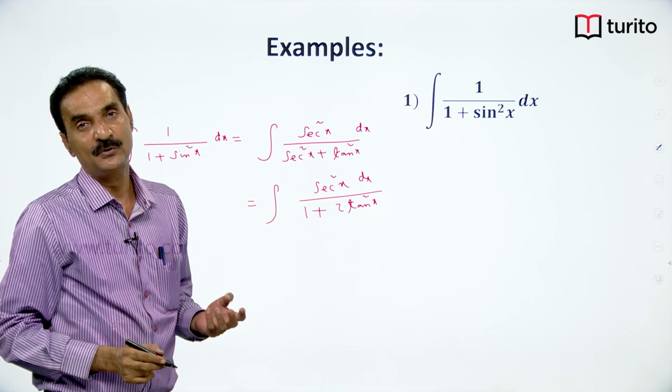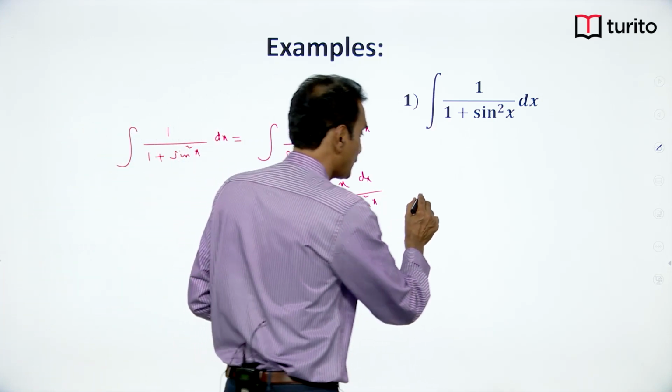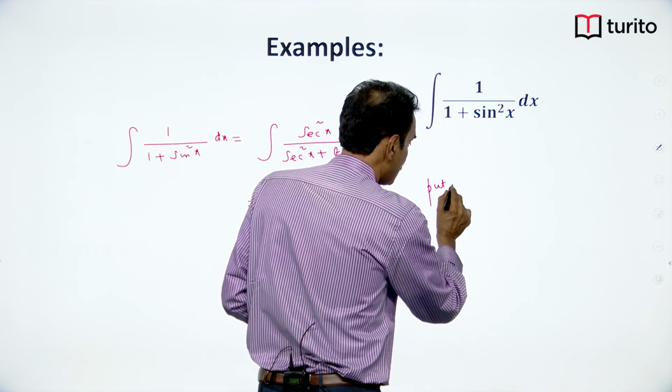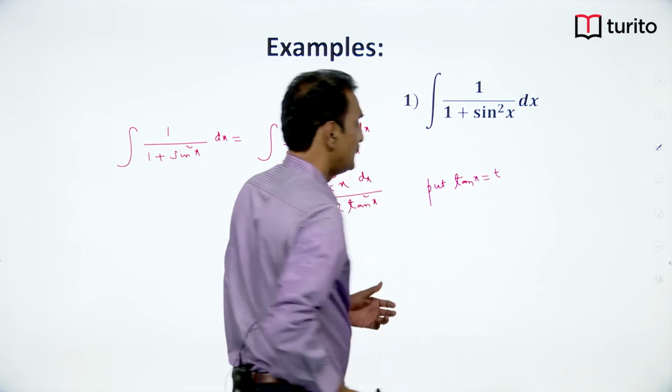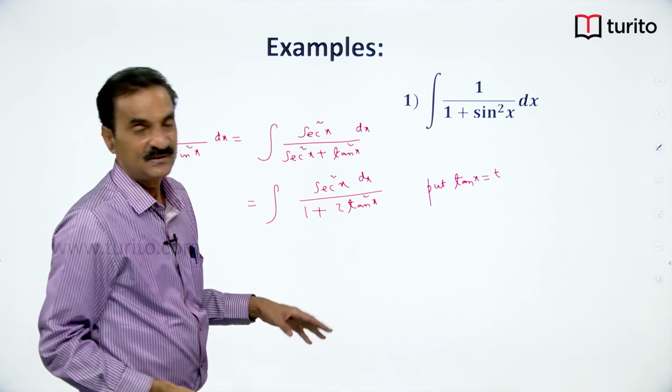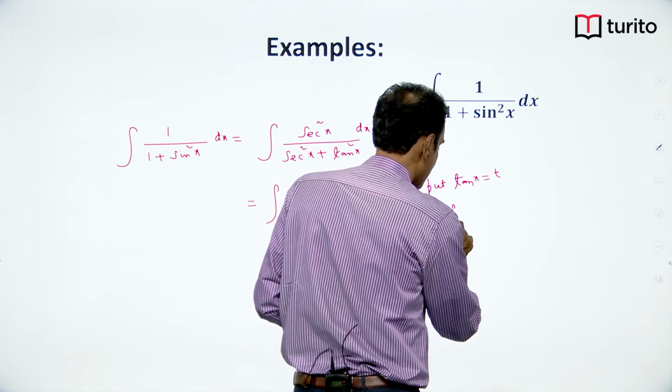Now put tan x is equal to t. Then secant square x dx is dt.